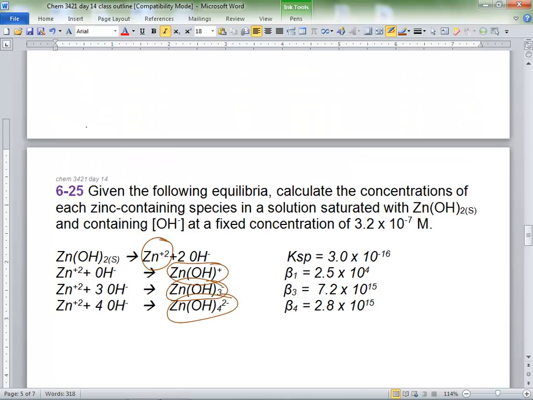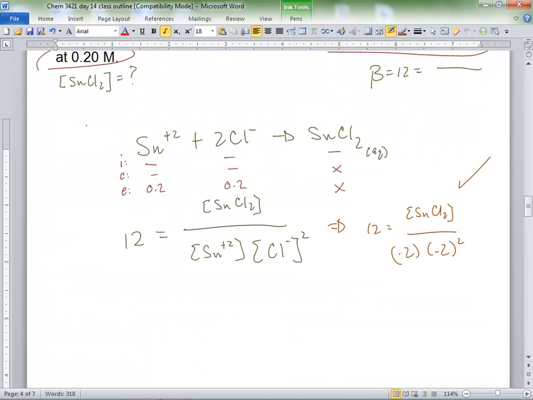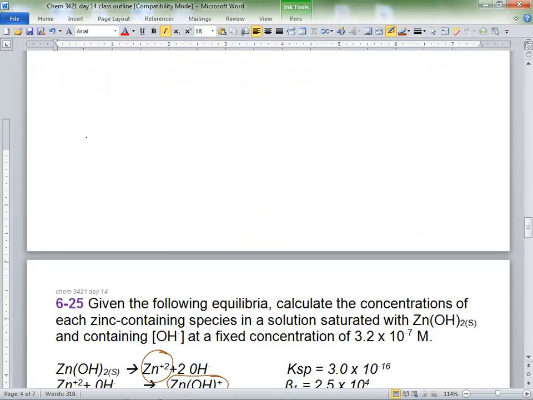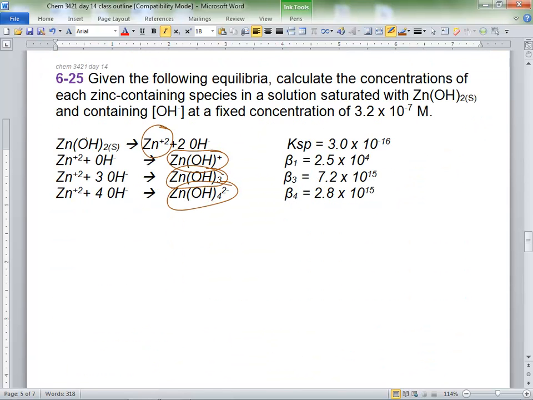So it's kind of like what we did here, just skip the ICE thing. If you do products over reactants, let's just pick one. I'll start at the top and work our way down. So if you did products over reactants, Ksp has to be 3 times 10 to the negative 16.